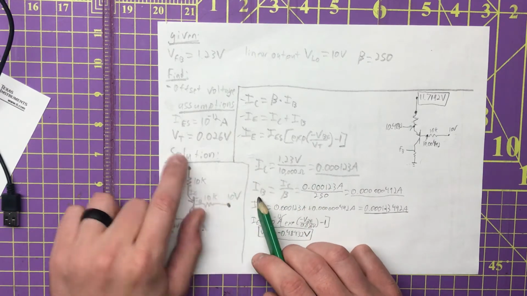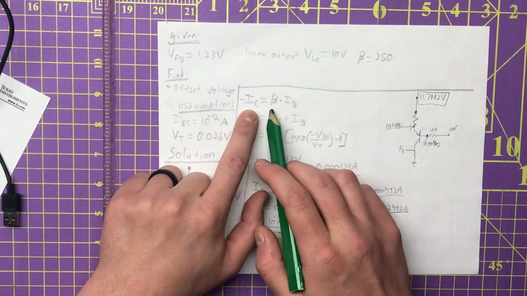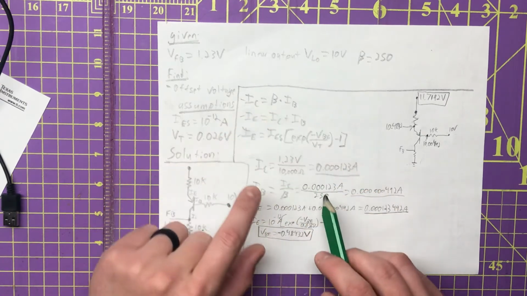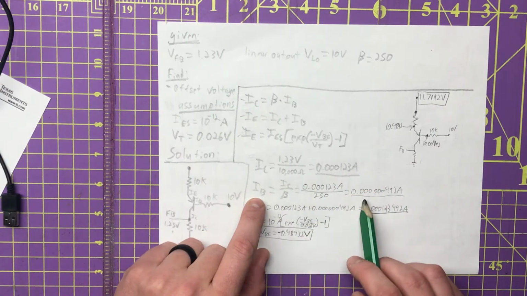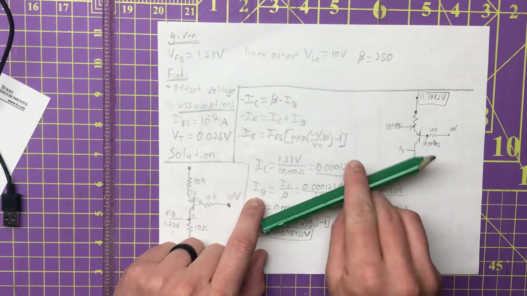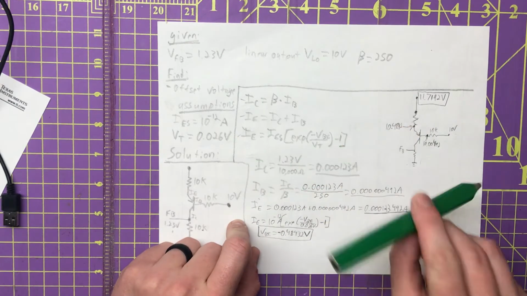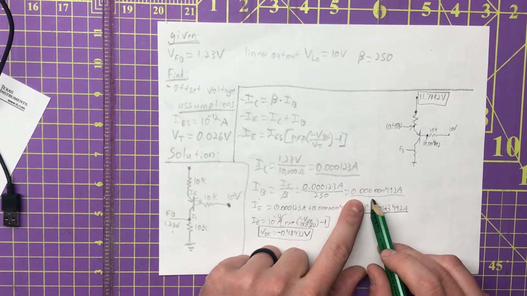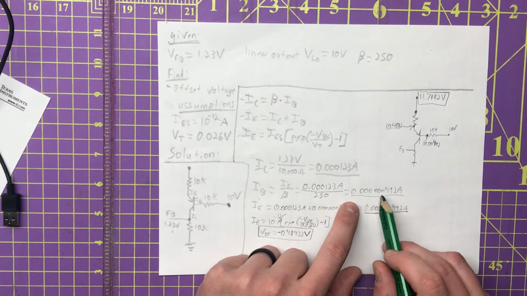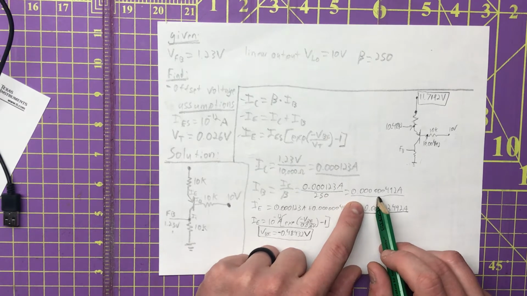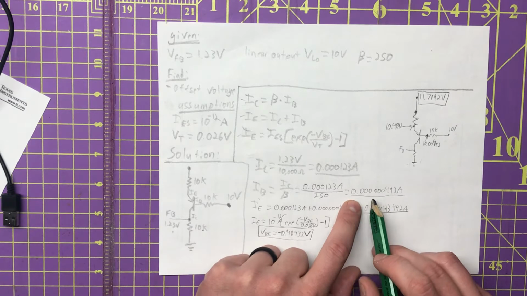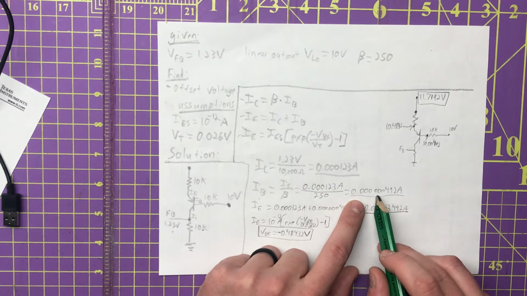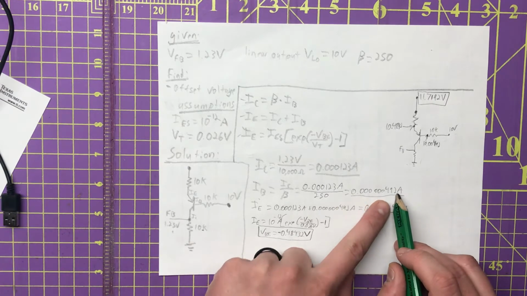So then from IB, we use this equation to get IB, and for that, so this is the base current, and that's going out that way, using conventional current, not electron theory or whatever. That's going to be 0.000000492 amps.